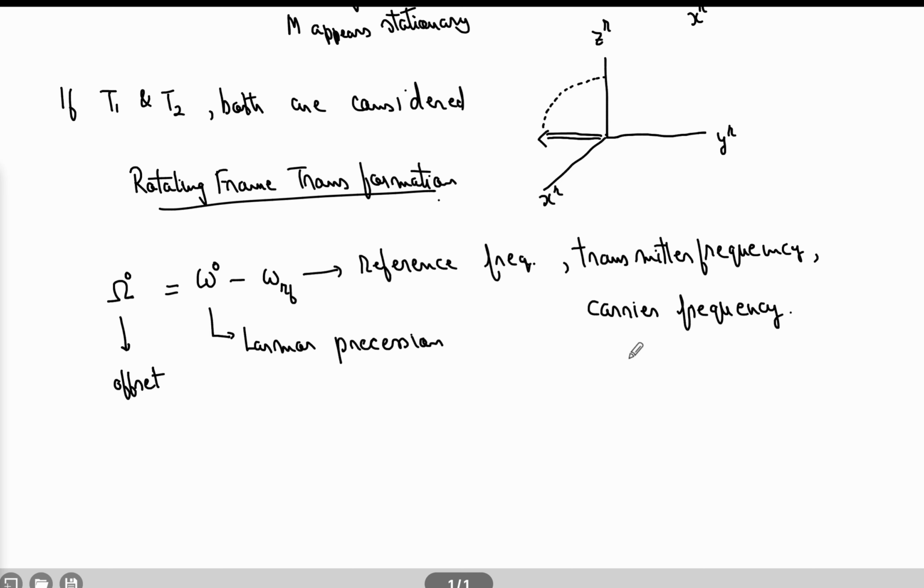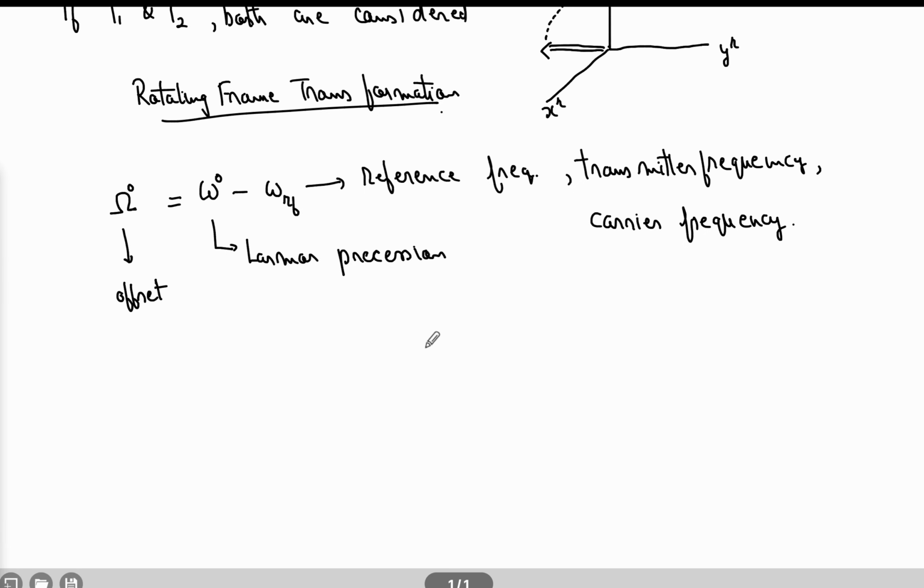Right. So now let us see how rotating frame transformation actually affects the maths. So we have seen that the equation of motion of magnetization M is given by this, we had covered in last class, right?